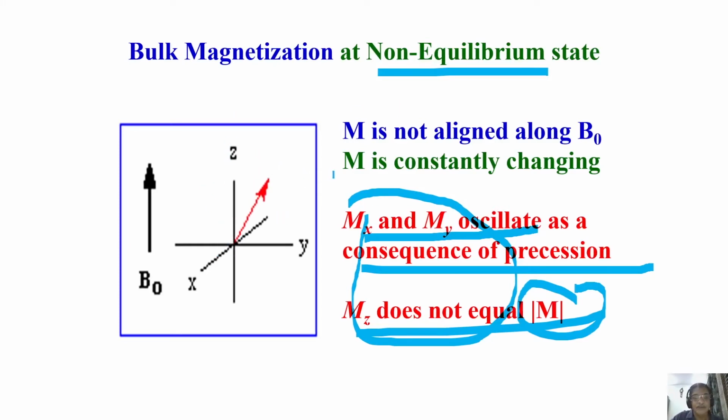You disturb it by a radio frequency pulse at Larmor frequency. Then in the non-equilibrium condition, we resolve this bulk magnetization M into three components: Mx, My, and Mz. Mx and My are oscillating because it is changing, and Mz is not equal to M naught. So we have to calculate that.